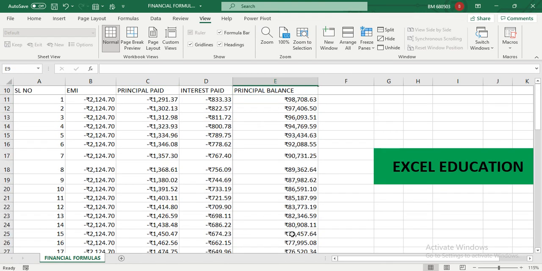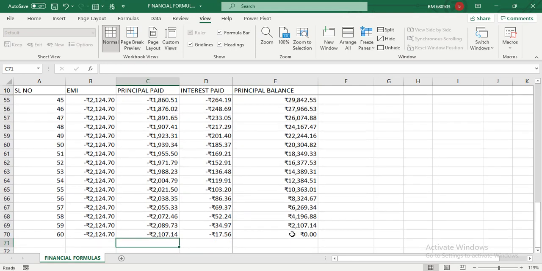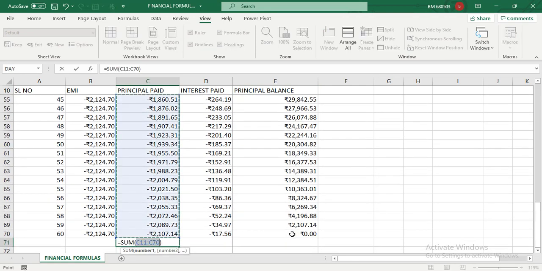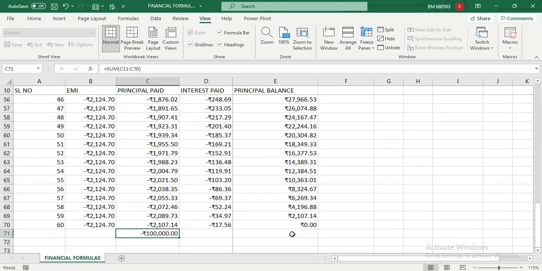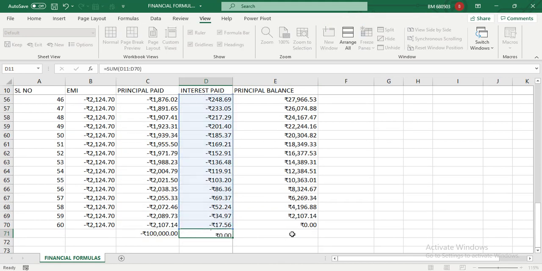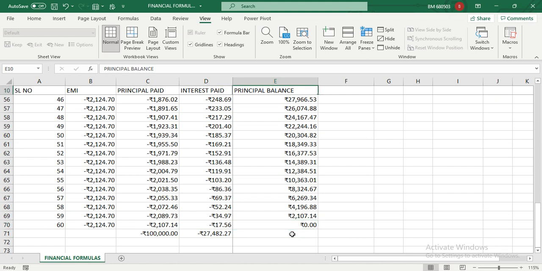So just for our interest, let us take the total summation of the principal paid, which should be 1 lakh, and let us take the total summation of the interest paid, which is 27,482. So this means that we have paid a total interest of 27,000 rupees on our loan of 1 lakh rupees over a period of 5 years.